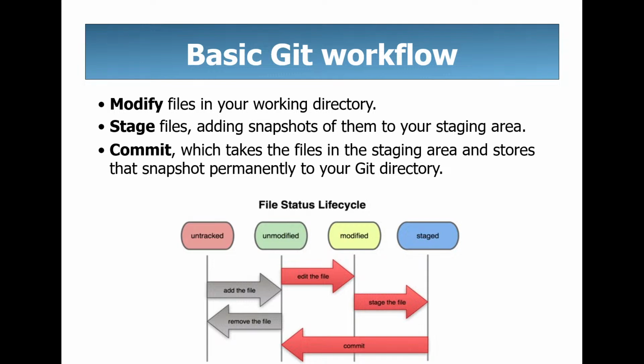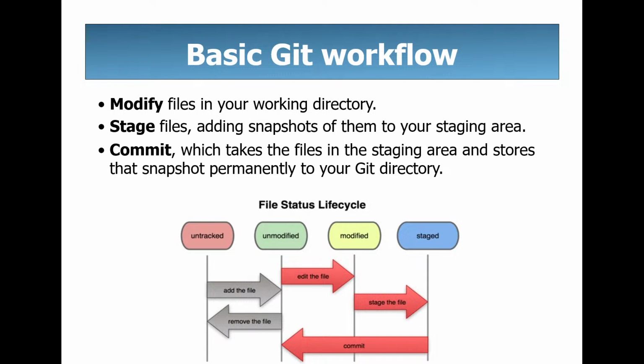Fifth one, commit changes, git commit message. Sixth, review history, git log. Seventh one, push changes, git push origin branch name. Eighth one, pull updates, git pull origin branch name.